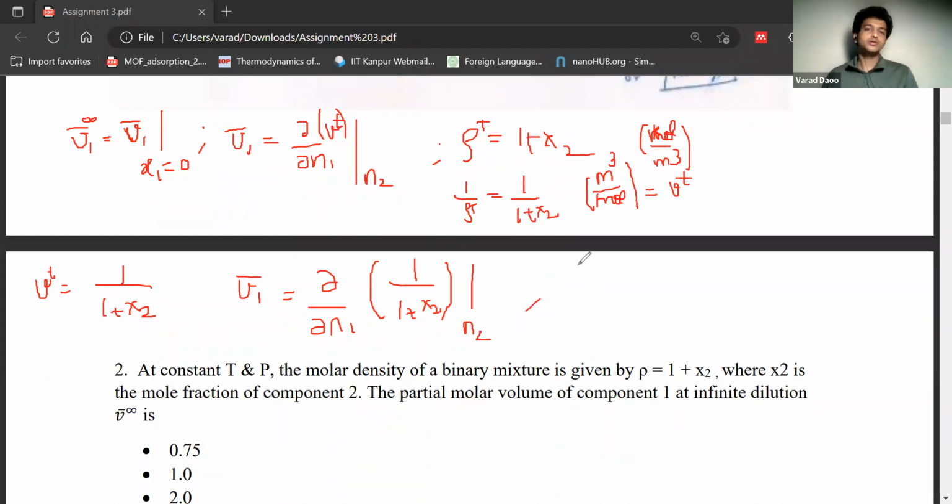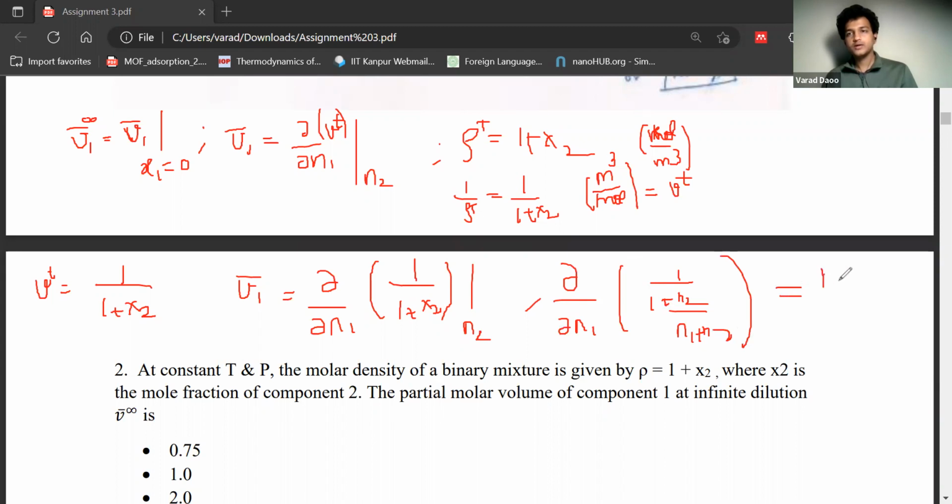So if you convert x2, the mole fraction, into number of moles, it will be 1 by rho, N1, 1 by 1 plus N2 by N1 plus N2. Let me just rewrite it: dou by dou N1 of N1 plus N2 divided by N1 plus 2N2 at constant N2.